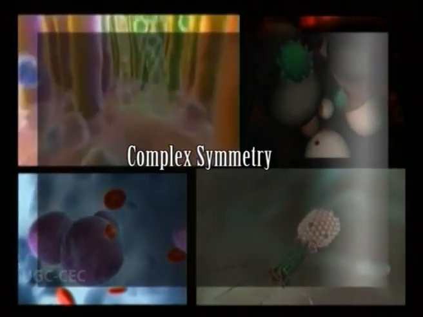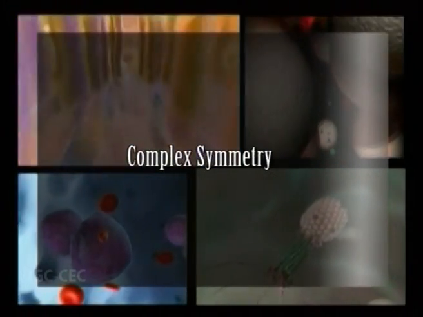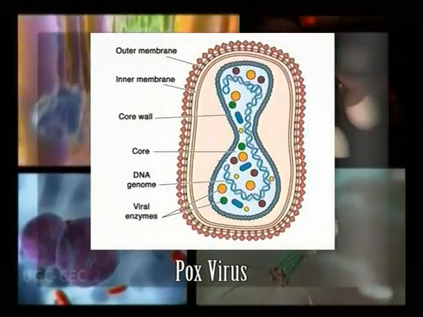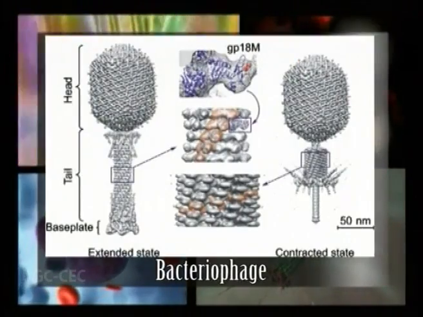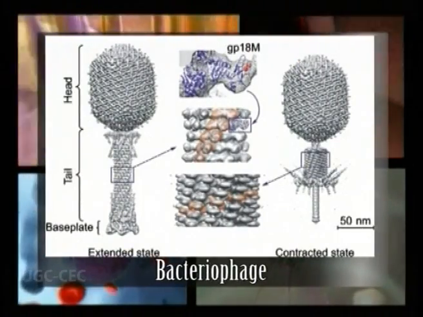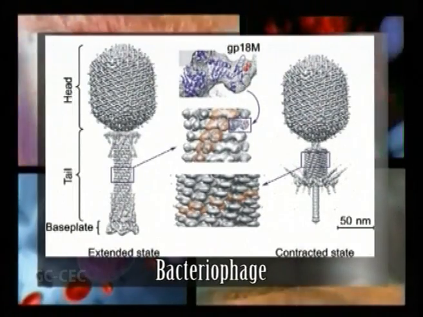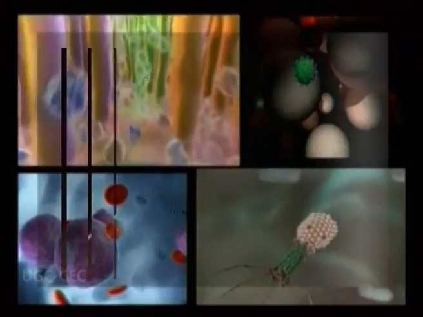Now, complex symmetry. Some viruses do not fit into the helical or icosahedral symmetries, but rather show a combination of both and therefore have a binary symmetry. Pox viruses and bacteriophages are the common examples of complex viruses. The structure of bacteriophage T4 will be discussed here as an example.